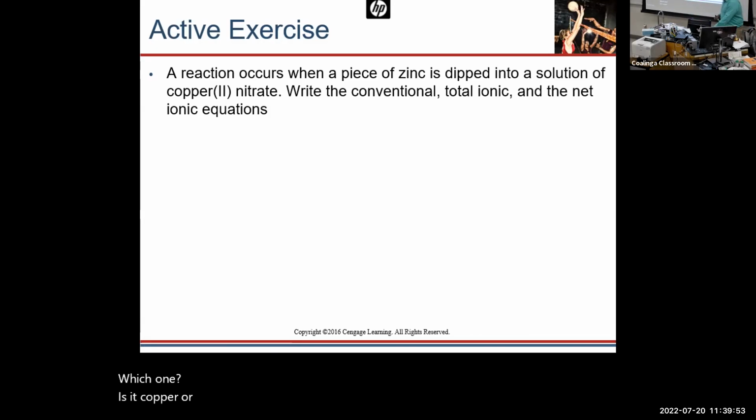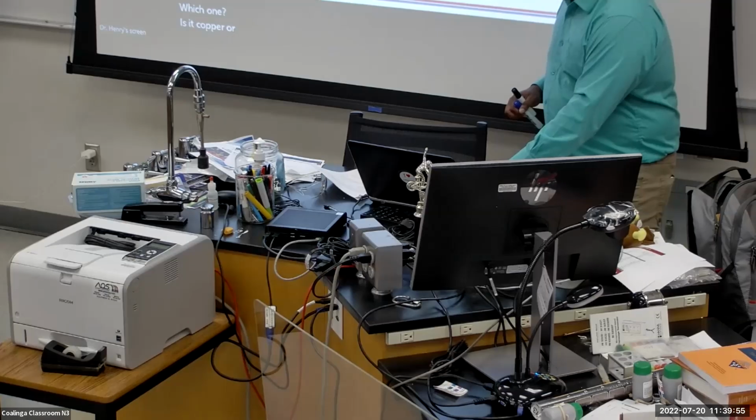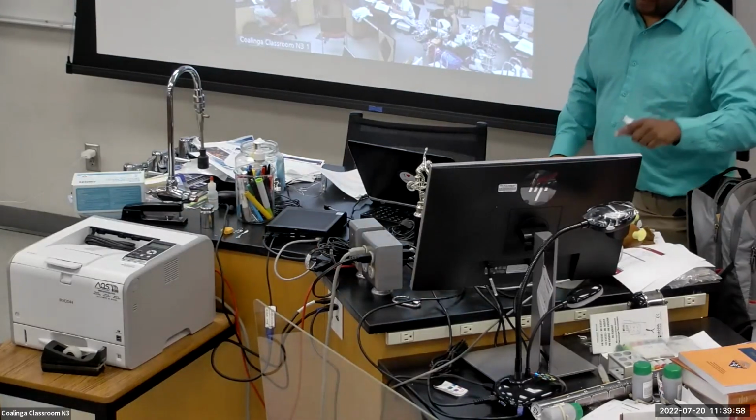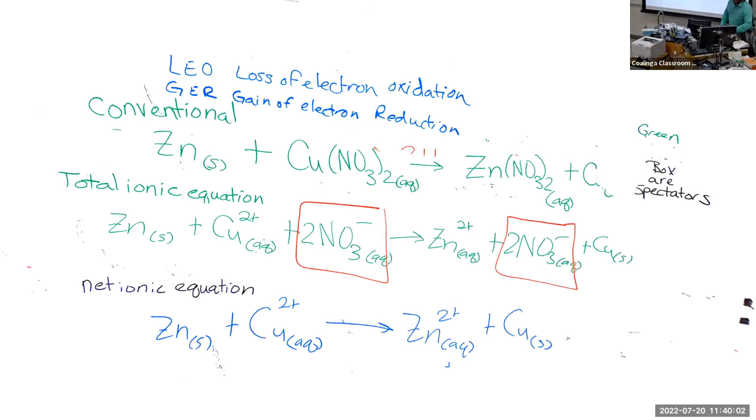One is gonna be oxidized and one is gonna be reduced, right? Because it went from 0 to 2+. So the zinc is going from 0 to 2+, so it's losing electrons. Okay, loss of electrons, oxidation. And the copper is gonna be reduced.